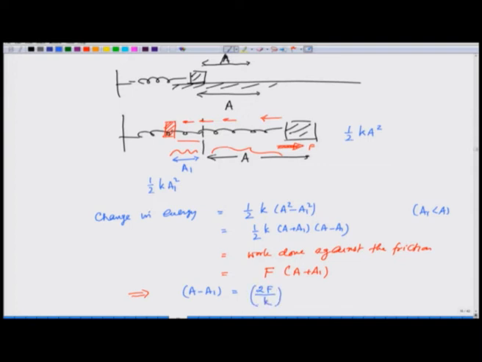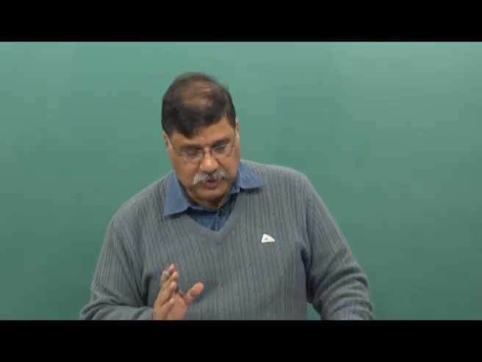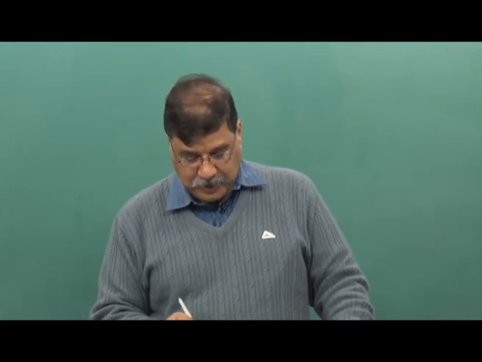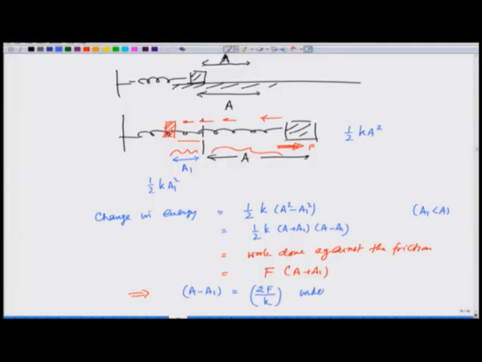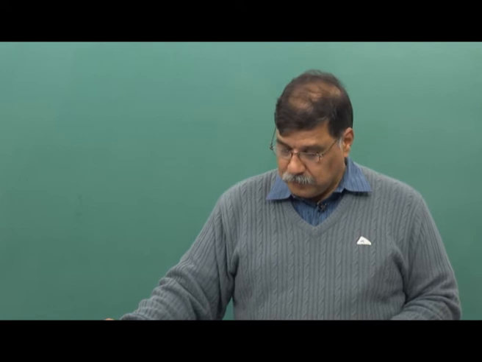So, the amplitude has decreased by 2F over k, or the maximum stretch or compression has decreased by 2F by k. Notice that this is independent of the amplitude I started with, and therefore, when it goes back again the decrease in the amplitude is going to be 2F by k.